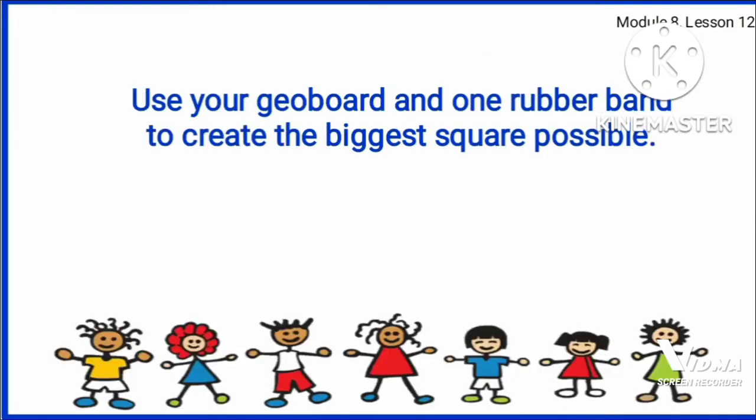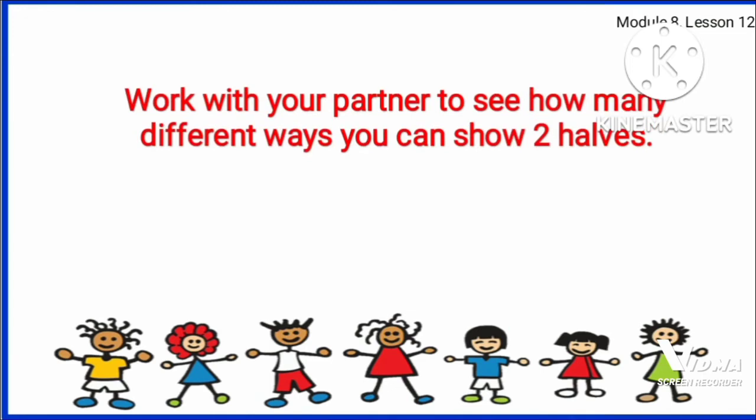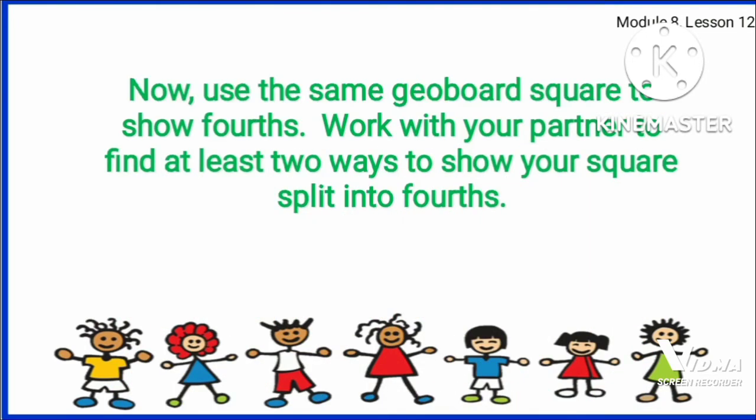Now, I want you to do some practicals for me. Use your geoboard and one rubber band to create the biggest square possible. Work with your partner to see how many different ways you can show two halves.